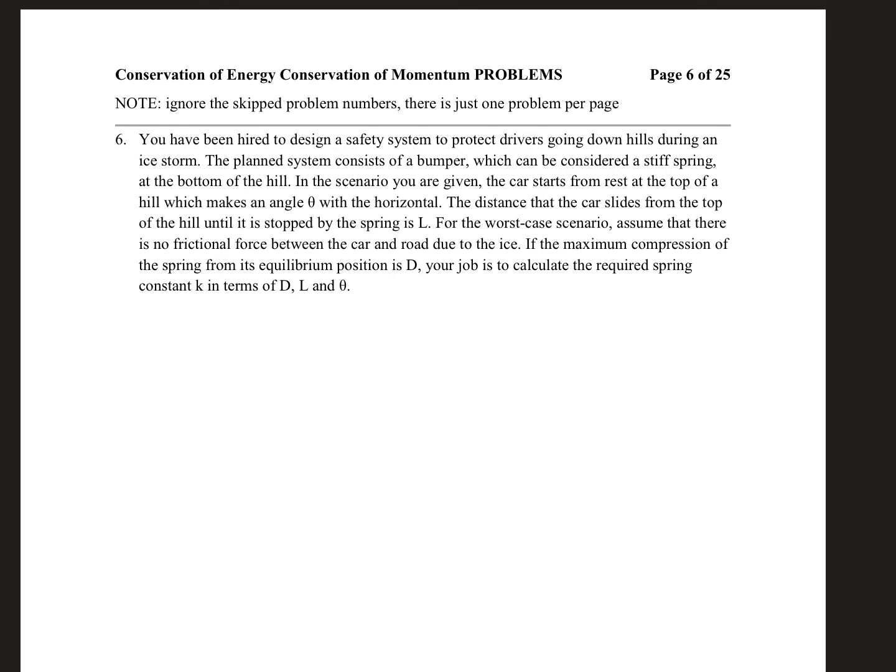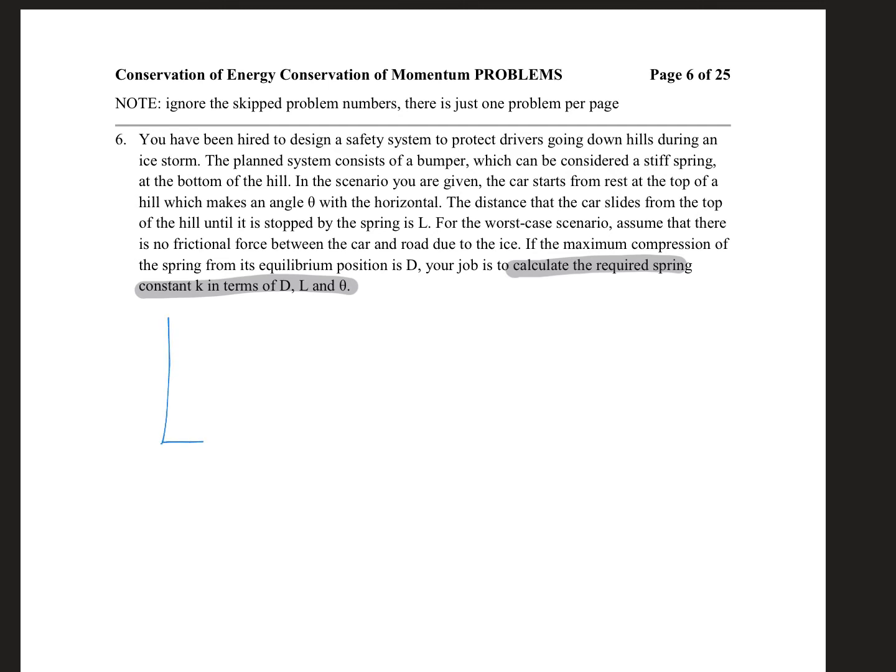All right, so here's this system, and all we're going to do is calculate the spring constant in terms of d, L and theta. We won't actually, in this example, find a particular spring constant. You'll need to do that in other things. We're just going to set up the problem.